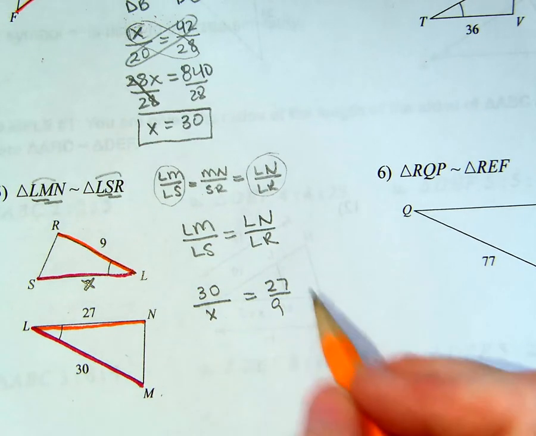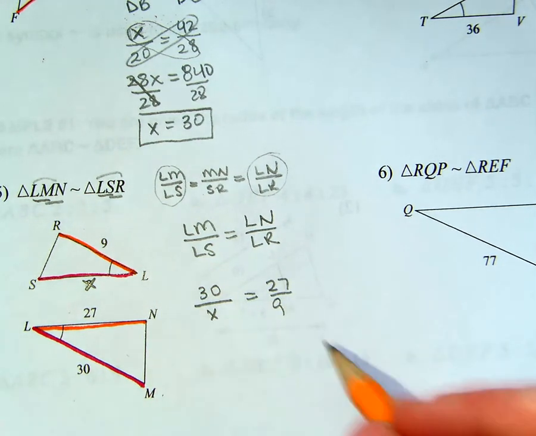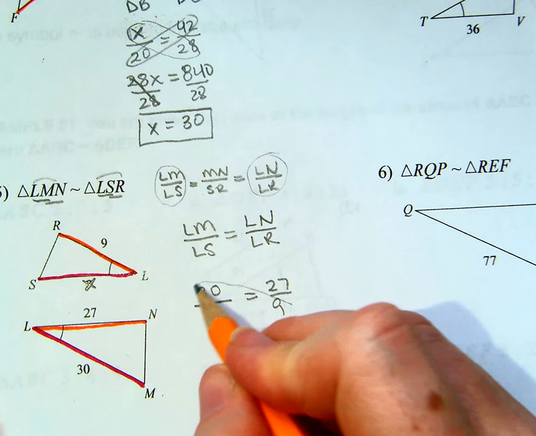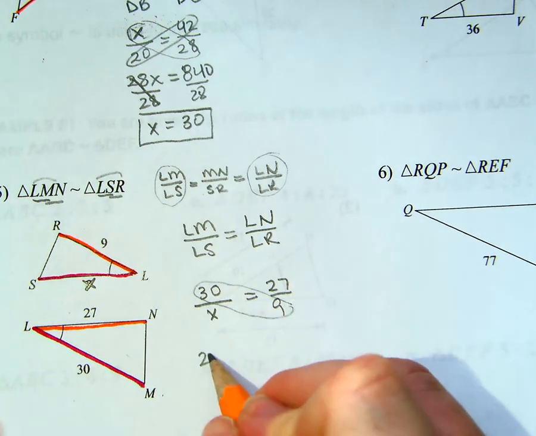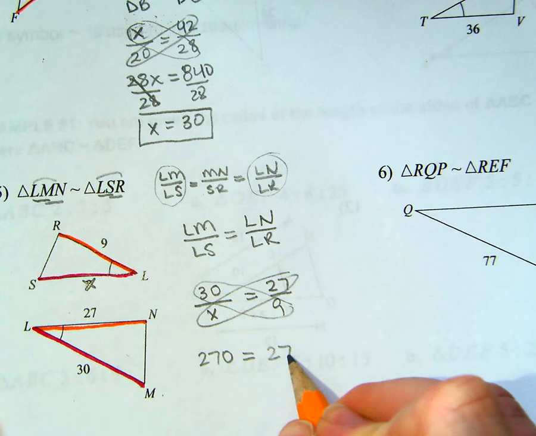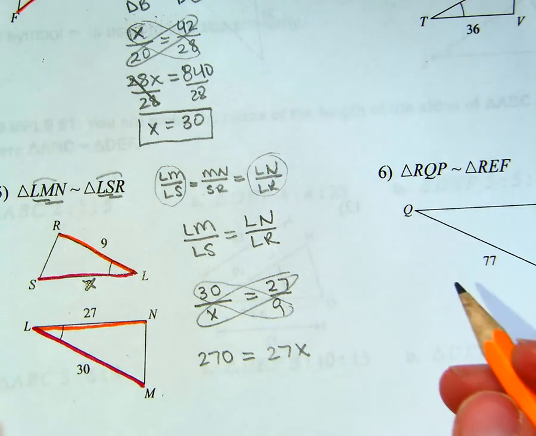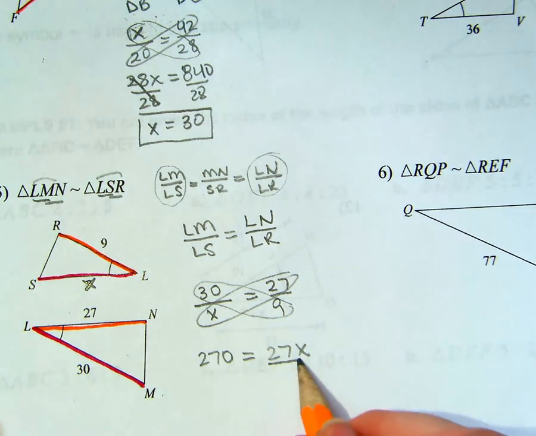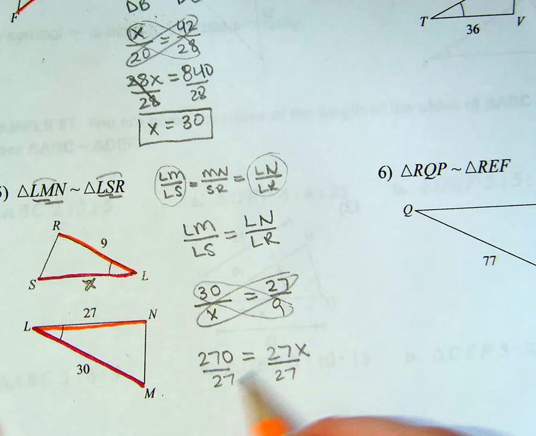And once I have my proportions set up, then I can just cross multiply. So I would say 30 times 9 is 270 equals 27x.